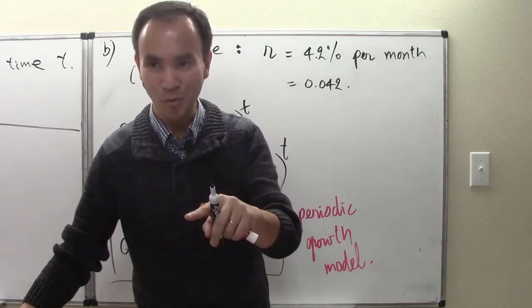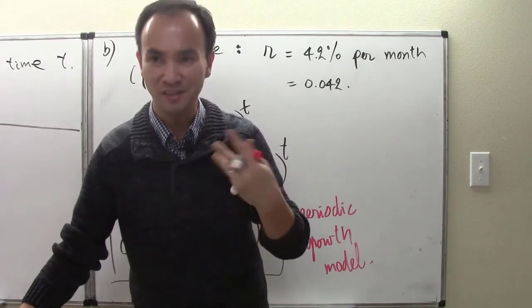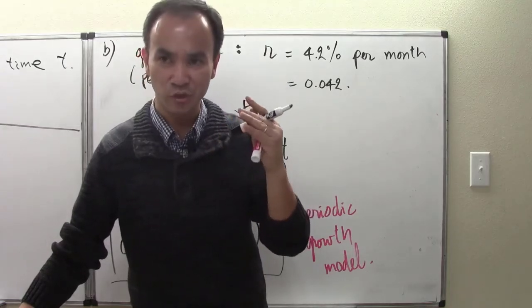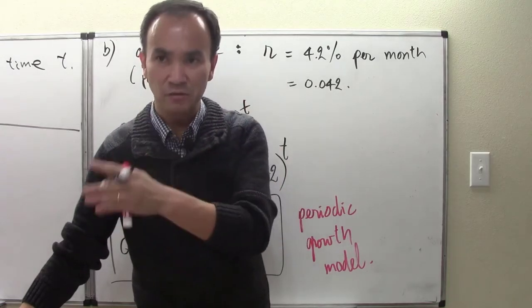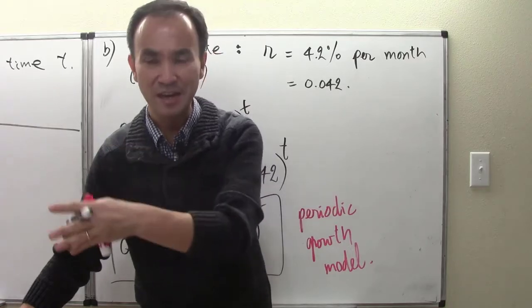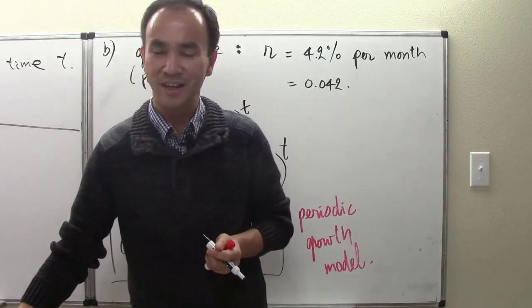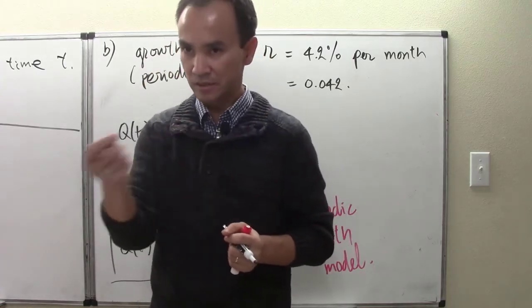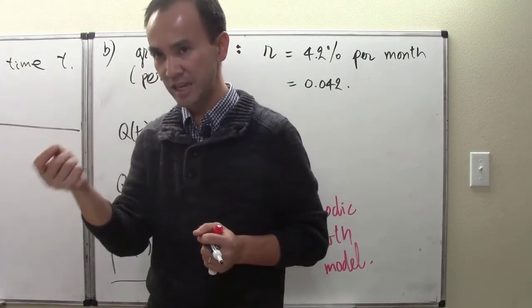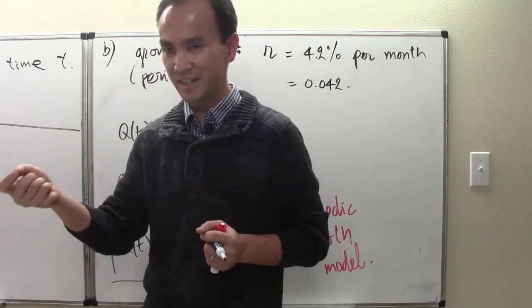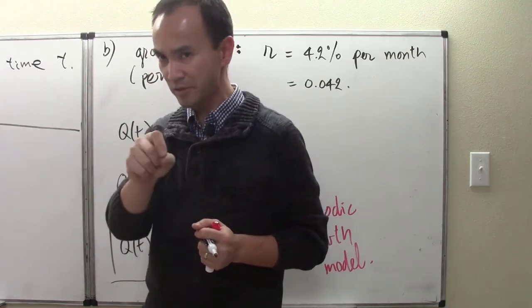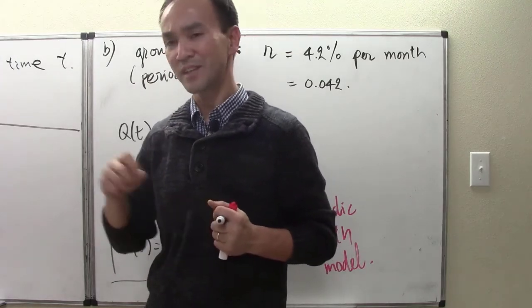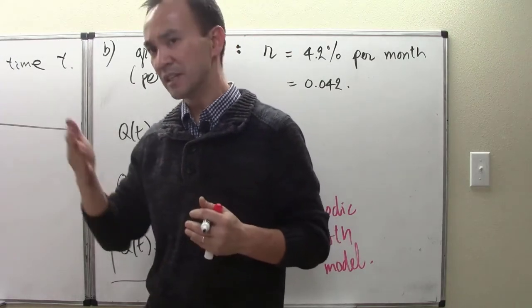And so at this point, after you have built some good experience already, we can head straight into the periodic growth, periodic decay model. Just that rate right there is a periodic rate, a periodic decay rate. After recognizing that it has to be a periodic rate, we're going to head straight into using a periodic decay model.